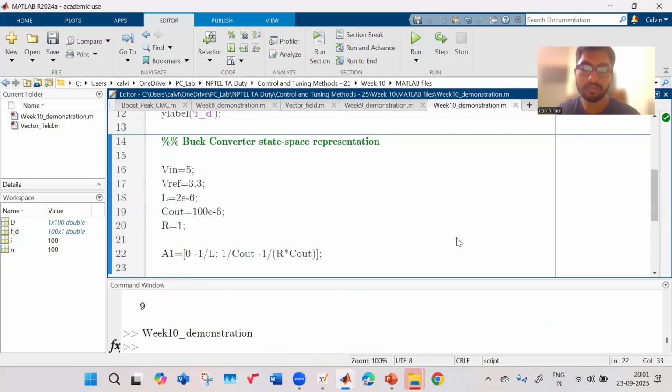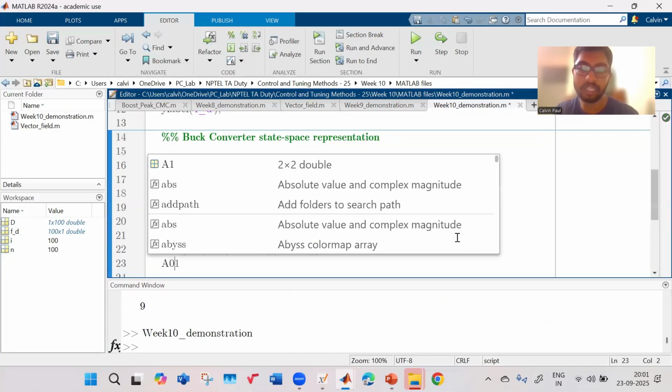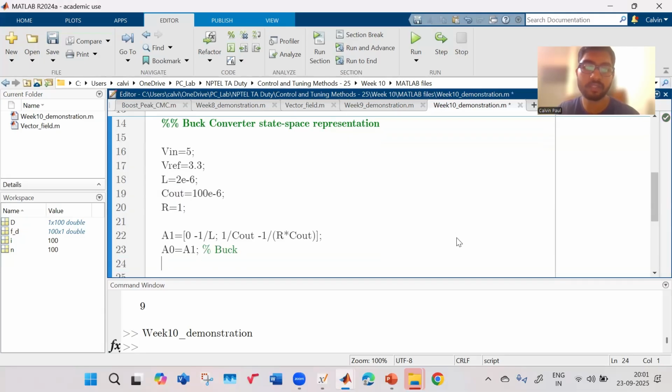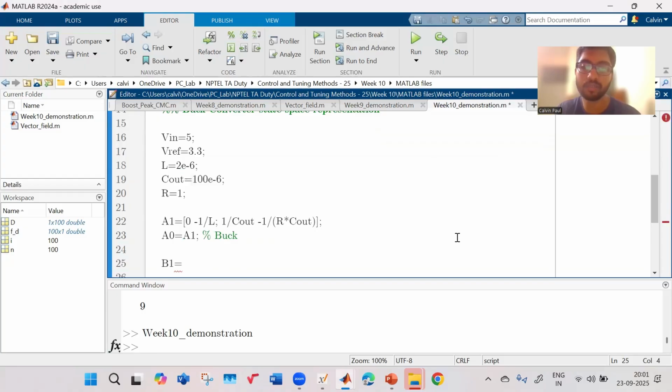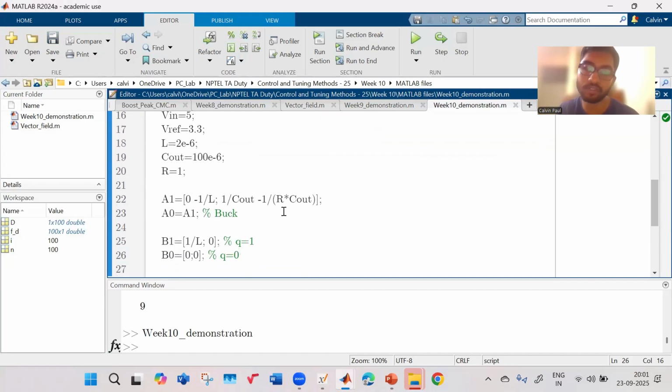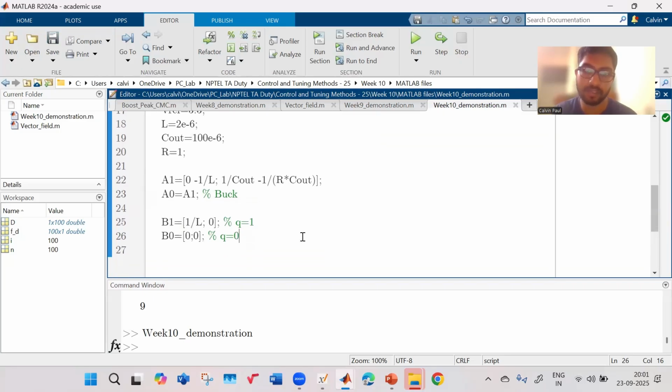This is your A1. Your A0 also is equal to A1 because this is a buck converter. Now, your B1 is equal to 1 by L, 0. This is when Q equal to 1. And your B0 is equal to 0, 0 when Q is equal to 0. Okay, so you got your A1, you got your A0, B1 and B0.